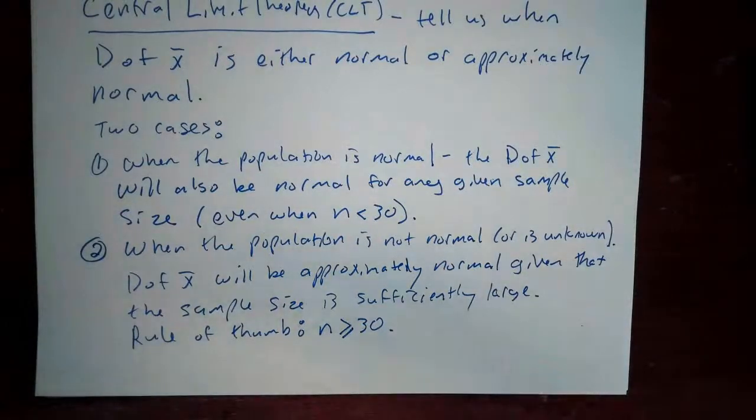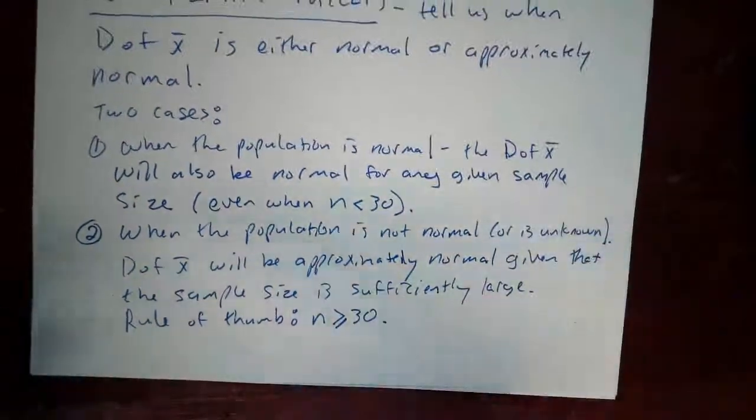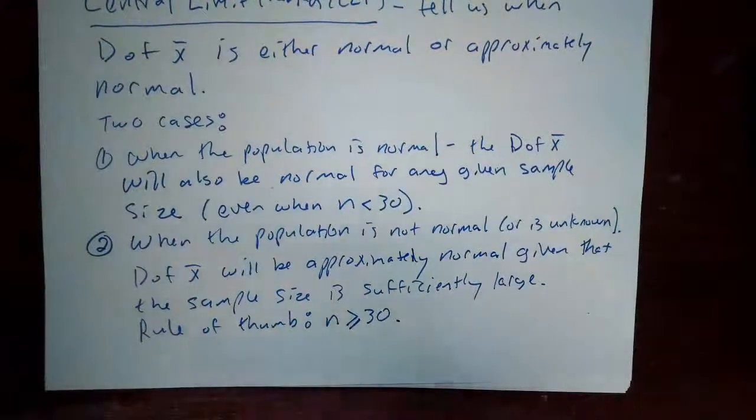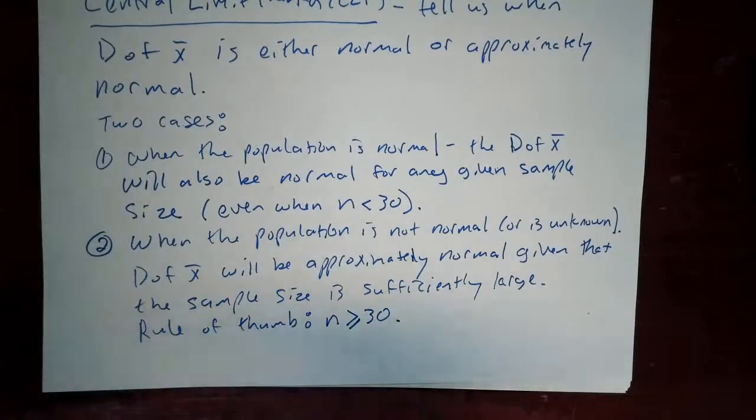And as n gets larger, so 30 is not a magic number, the distribution will become more and more normal. Mathematically, as n goes to infinity, in the limit it becomes a normal distribution. It's just that in real life your sample size cannot go to infinity, because the population you're taking them out of is finite. So that's just the mathematics behind it.